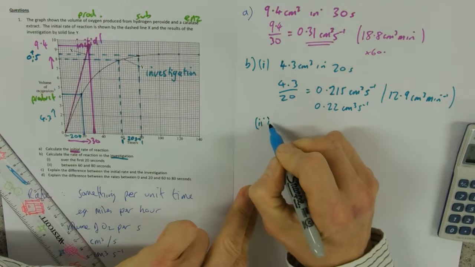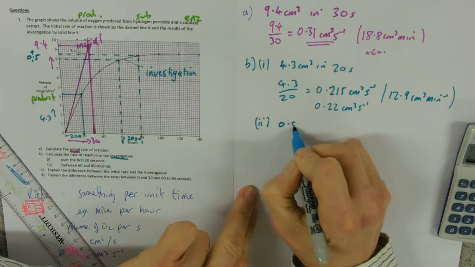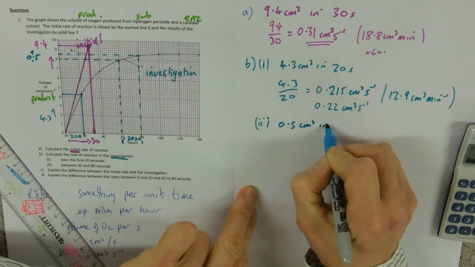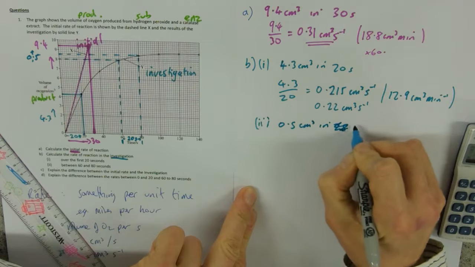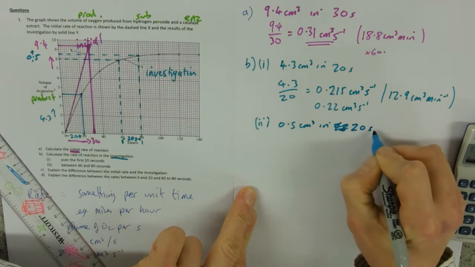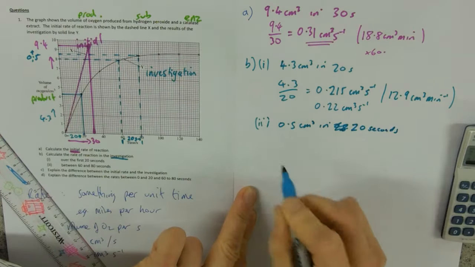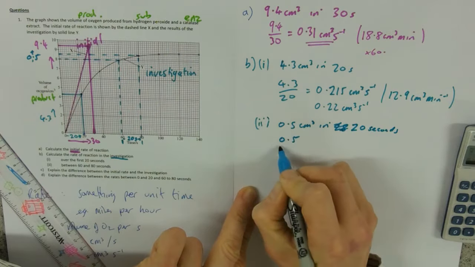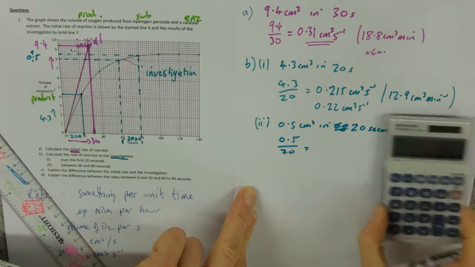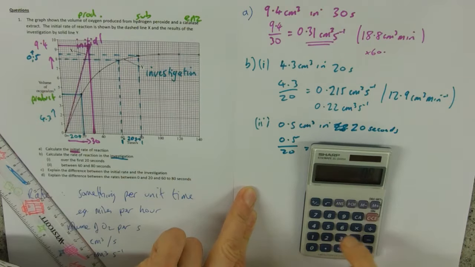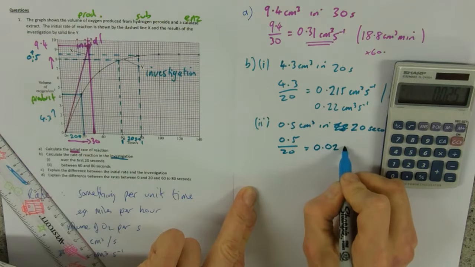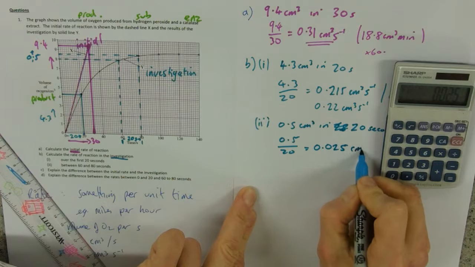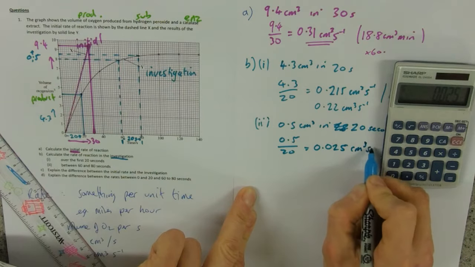So the difference is 0.5 cm cubed in 20 seconds. So 0.5 divided by 20 is 0.025 centimeters cubed per second.